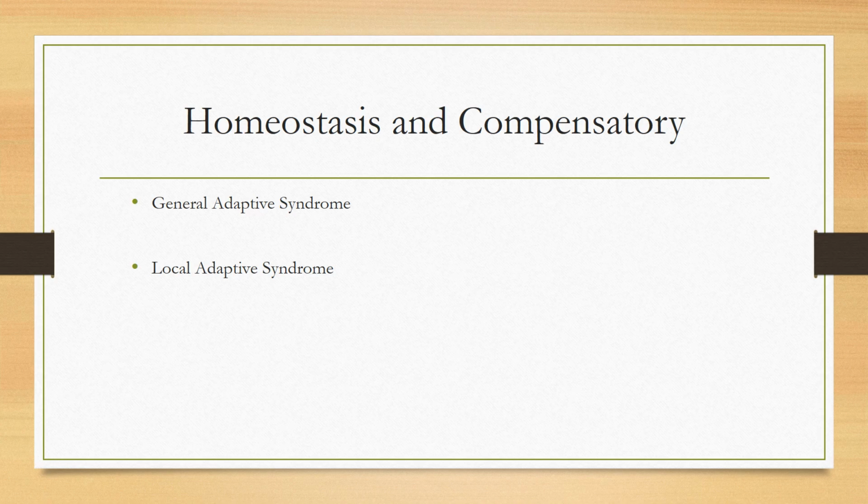It will generally take care of any kind of local issue, but if it happens to be too much for that level to handle, then the general adaptation syndrome kicks in, or the gas is poured on, if you will, in order to help us get out of whatever state we're in. So I think it's important just to consider that and what happens.